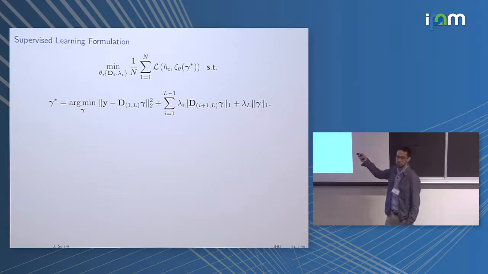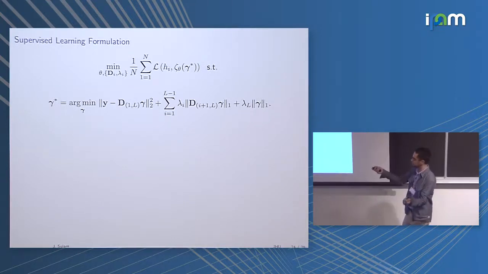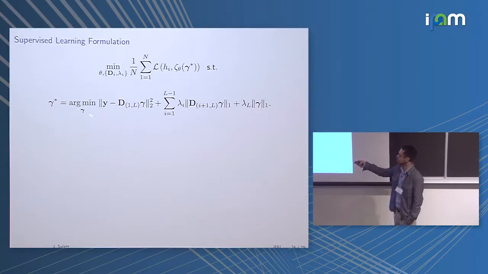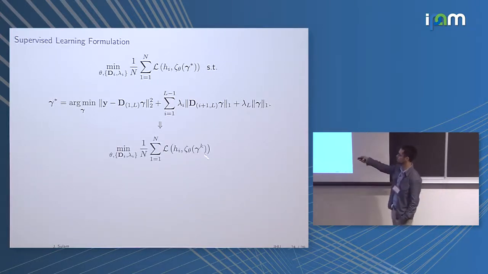Now, if these representations were just computed by the forward pass, we would just have a feed-forward neural network. But we're going to generalize this by saying that this gamma star should be the argmin of this multi-layer basis pursuit problem. Solving this to optimality would be very hard, so instead we approximate the solution by the iterates of this multi-layer ISTA algorithm that I presented to you before.